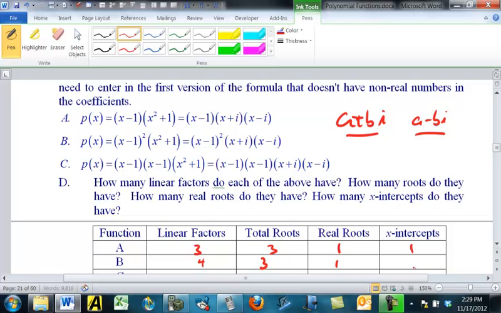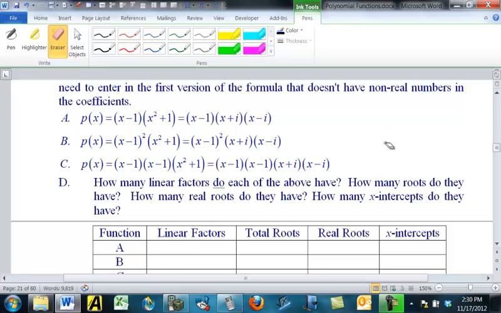One is real, and that one is an x-intercept. So these imaginary or non-real ones turn out to come in pairs. So these numbers can go down, but only in pairs. The number of real roots can be less, but by pairs.